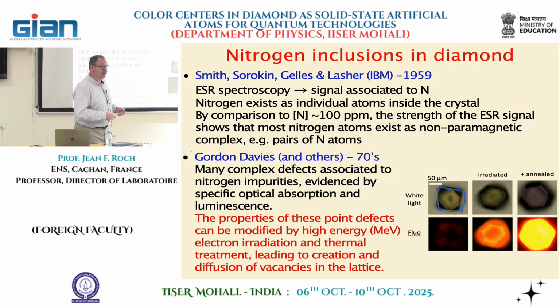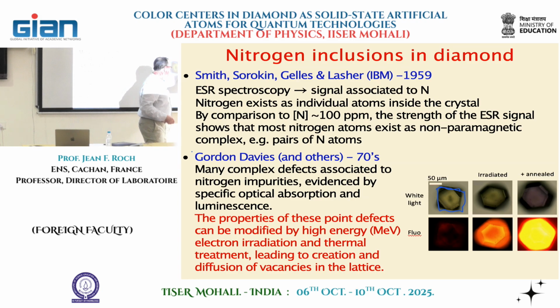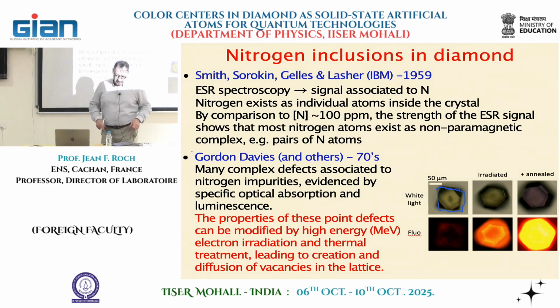During the annealing process, the vacancies will diffuse and meet their partners, bond with a nitrogen impurity to create the NV centers, and the luminescence will come from the system, and that's also associated with this pink color of the crystal when you see it by eye.